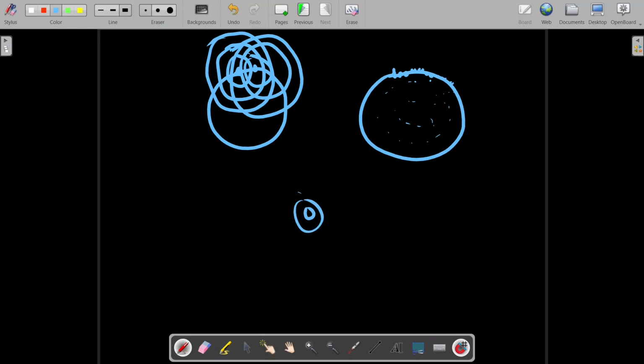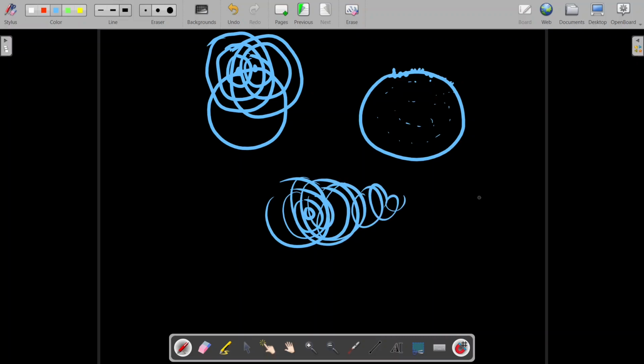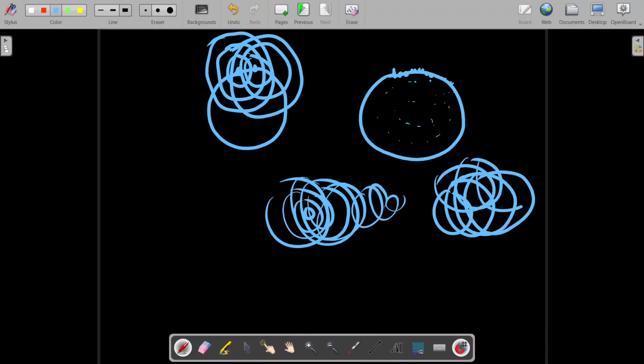So if there is a wave like this, some other waves will be colliding with this. If you see a single wave like this, it will be colliding like this. Like this the wave appears.